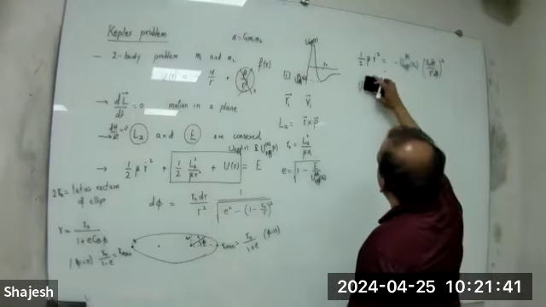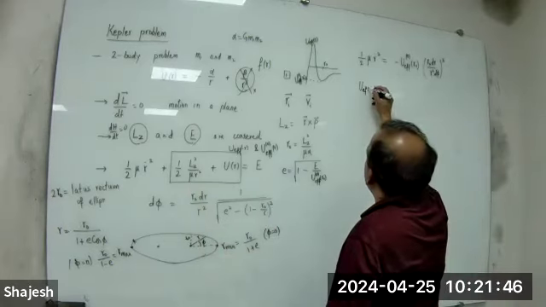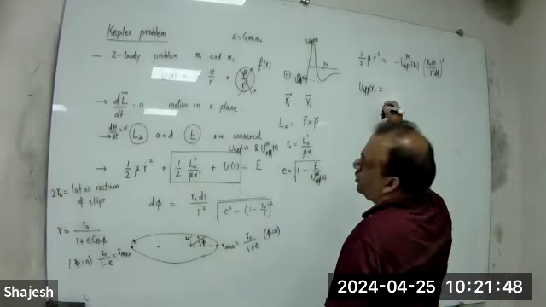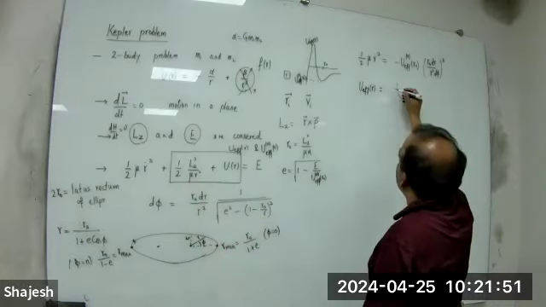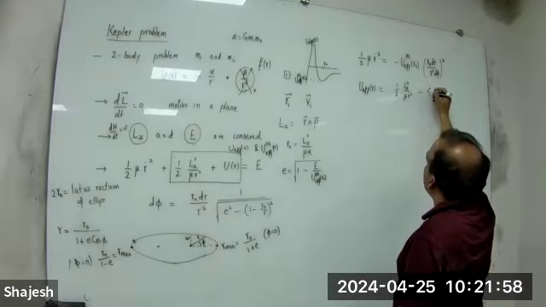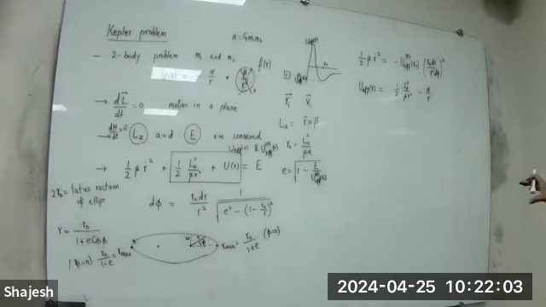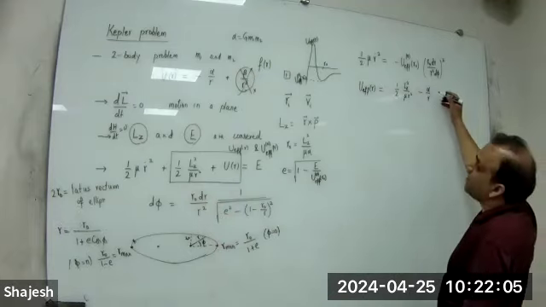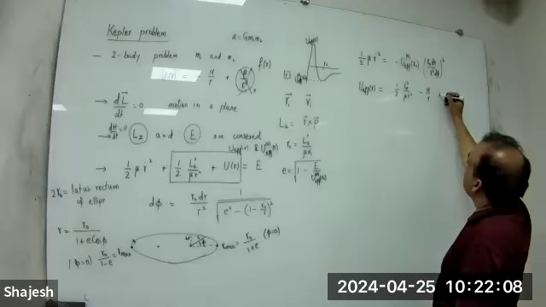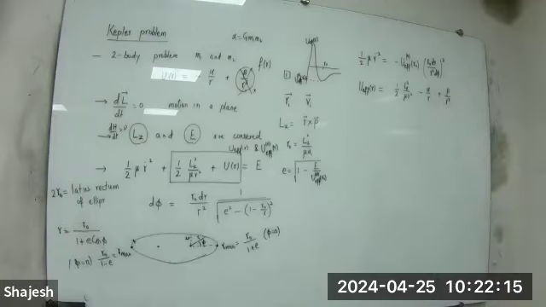So U effective of R is equal to two of them: 1/2 L_z square over mu R square, and let's first put a minus alpha over R, and then I'll come back. So let me write that I'm making a change: this is plus beta over R cube. Those are the changes I want to make.